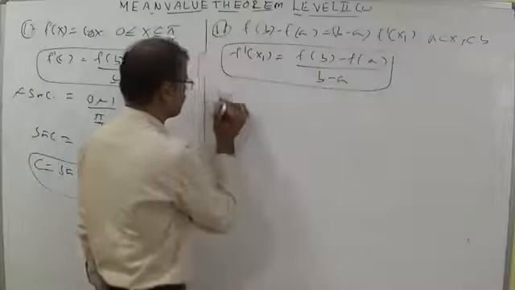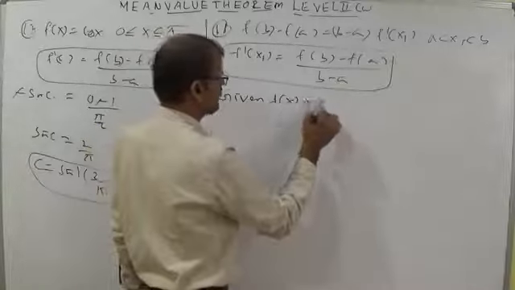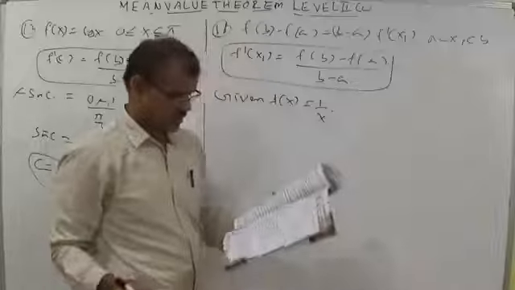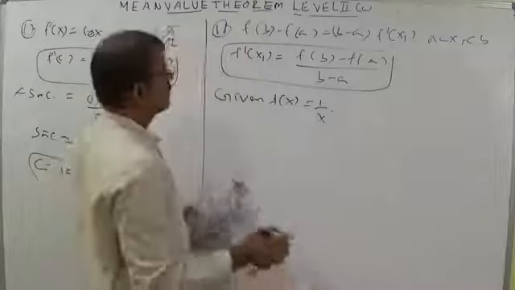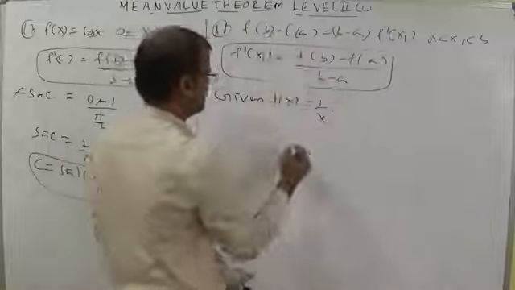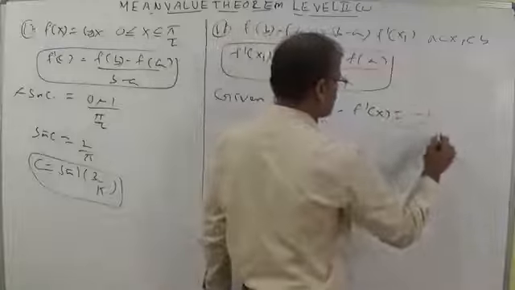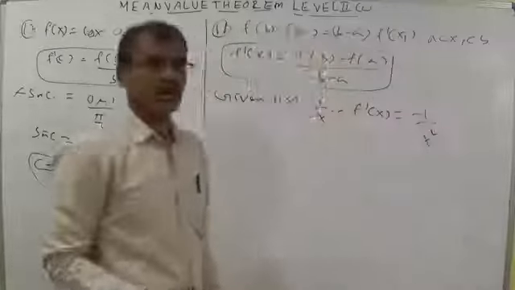According to the given condition, he gave the value f of x is equal to 1 by x. Whenever he gives f of x is equal to 1 by x, you substitute the value b minus a like that. Now I am writing f dash x. The derivative of 1 by x becomes minus 1 by x square.